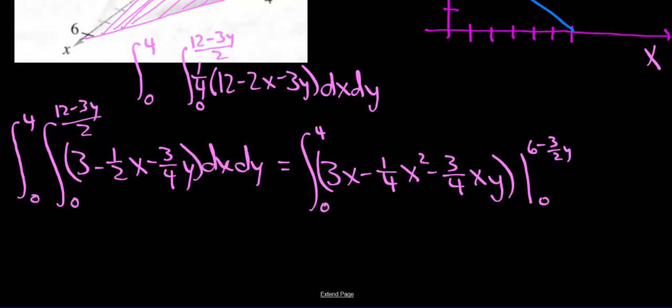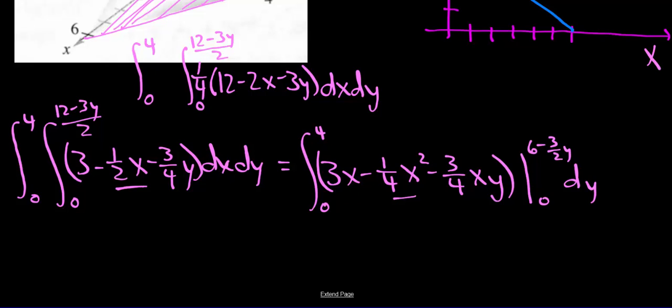I don't know if that's going to be better, but there's what I have. 1/4 x squared? For this one, well, I had 1/2 x, so then I divided by 2 and I got 1/4. Do you see that? This one was 1/2 x, and when I anti-differentiate it, I get 1/4 x squared because the 1/2 was already there.